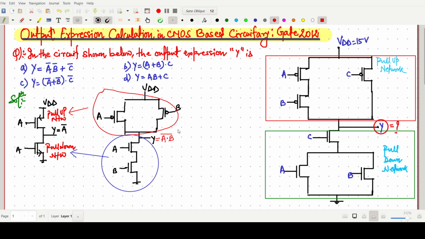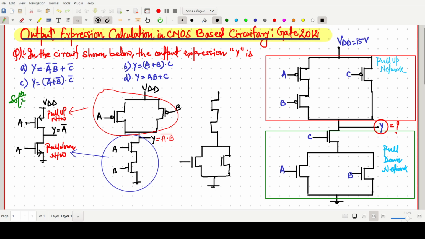Now similarly, we draw another circuit, because these three circuits, the inverter, this NAND and one more gate, are very important. If we know these three diagrams, you can solve every question.